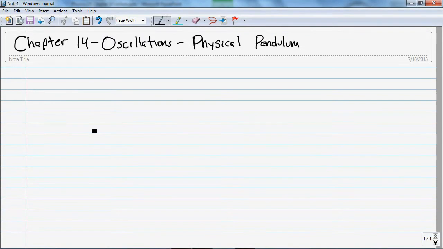After the simple pendulum, let's look at a physical pendulum. So the difference between these two is how we see the mass. In the simple pendulum, the mass was concentrated at the end.